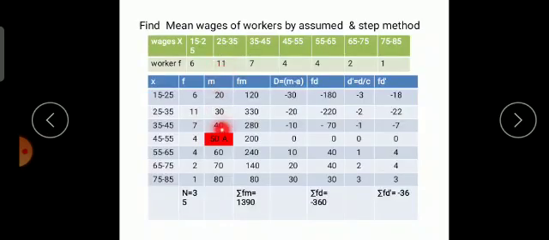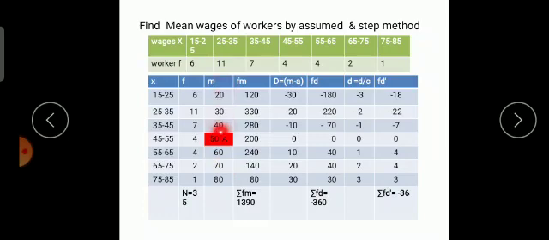Now for the assumed mean, we need to find fd and the assumed value. In the midpoints you see we have taken the central most value, 50, as the assumed mean. So you find the d column. Now d is what? We have taken it as x minus a, or here we are writing it as m minus a, that is the mid values minus the assumed value.